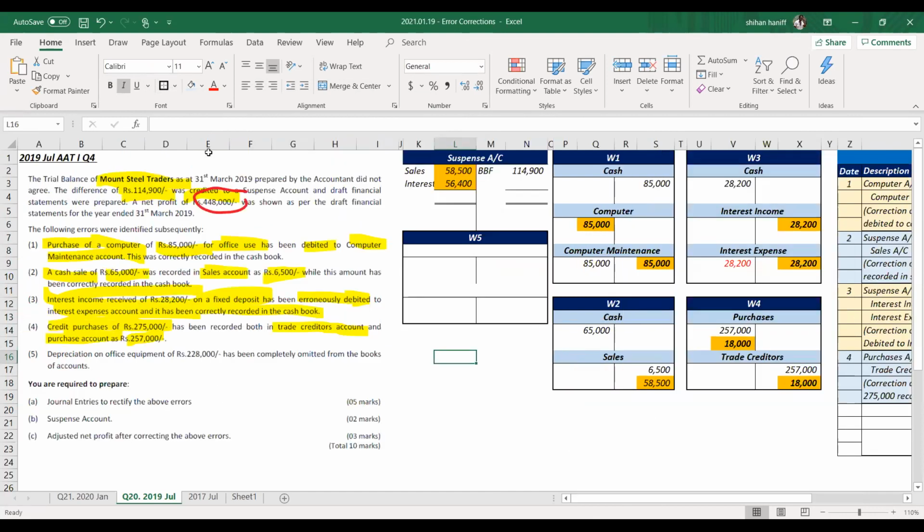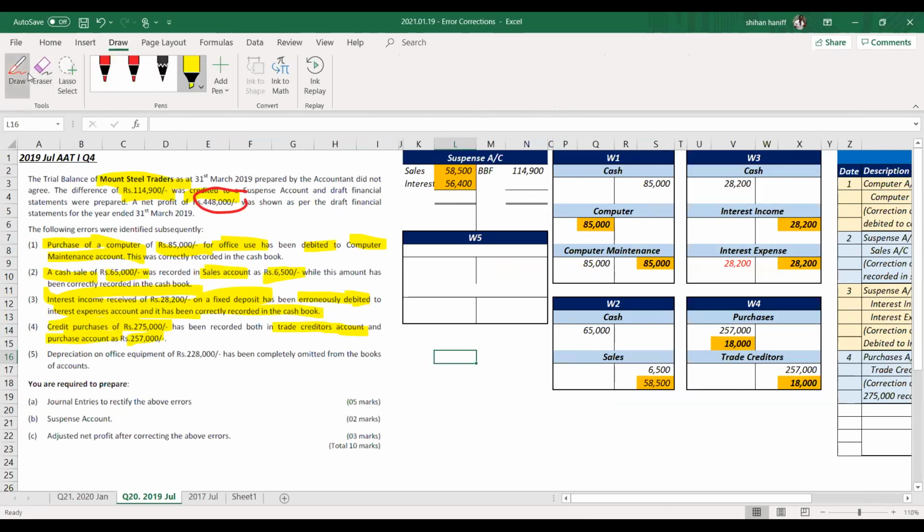Number 5. Depreciation of office equipment is completely omitted, completely not recorded. Means we need to record the double entry for office equipment depreciation. So double entry for depreciation is depreciation account debit, provision for depreciation account credit. Office equipment depreciation account will be debited.